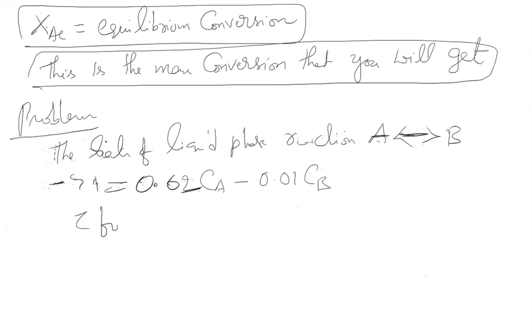Find tau for 60% conversion of A in a CSTR.